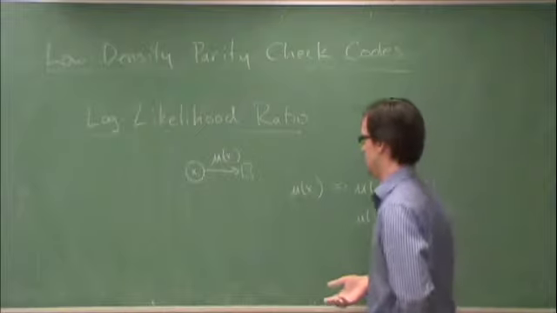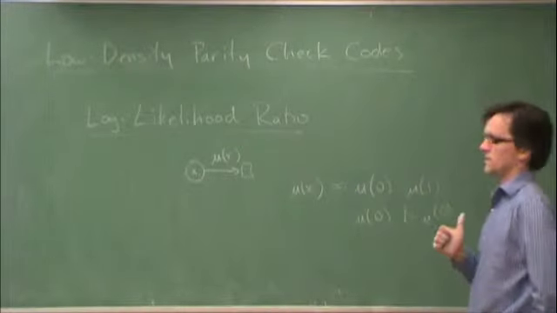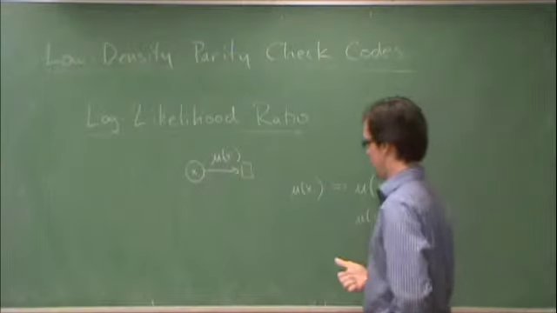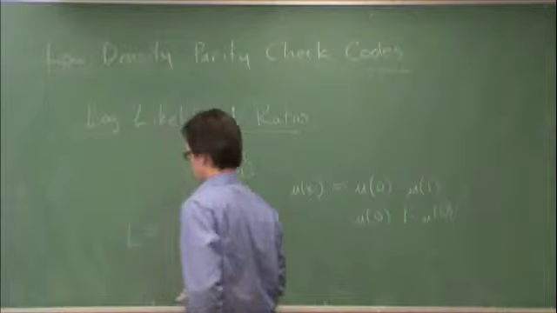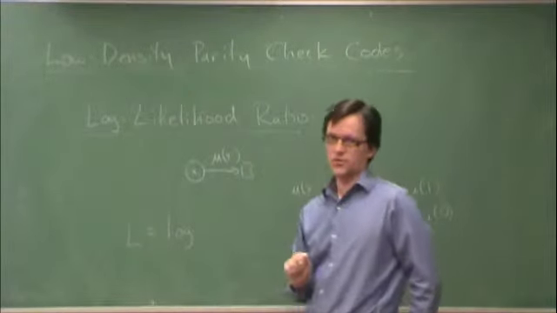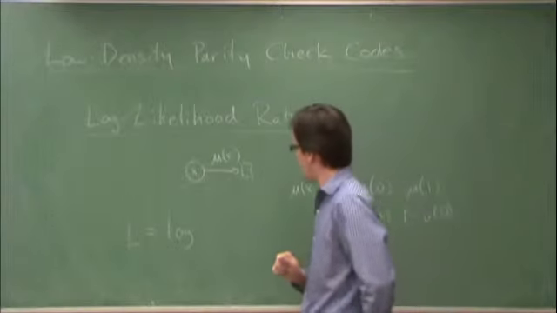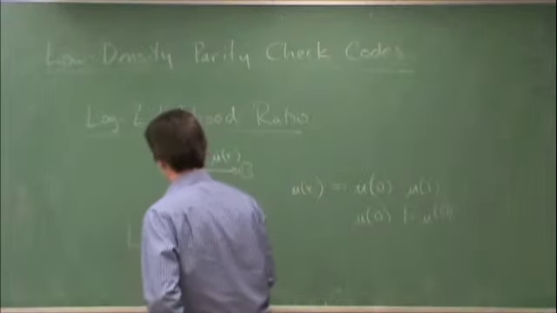So what I'm going to use instead to represent these messages is a single real number called the log likelihood ratio. The log likelihood ratio basically looks like this. It's log. The base is usually e, although it doesn't matter. Well, actually, it does matter in our case, so let's call it natural log.